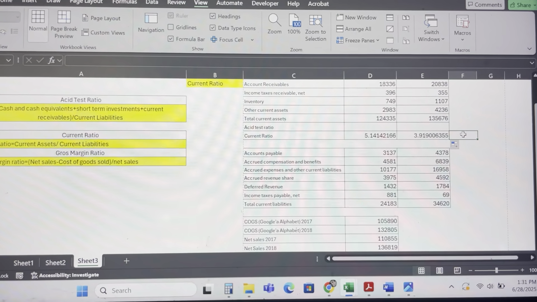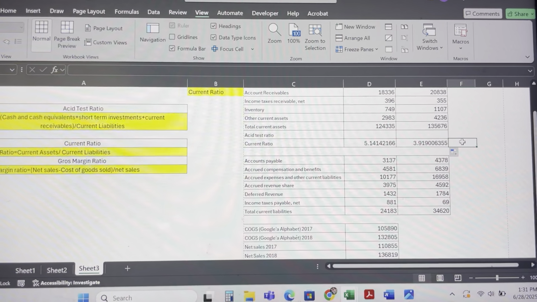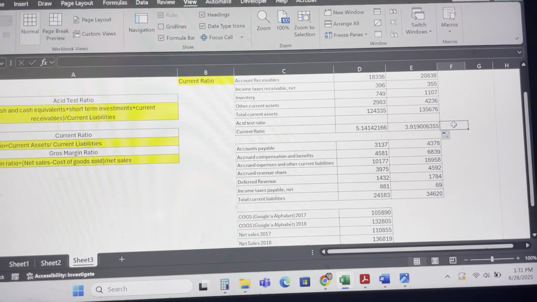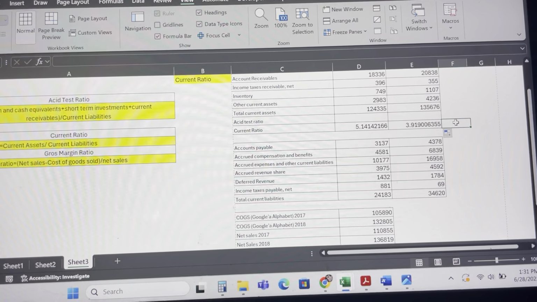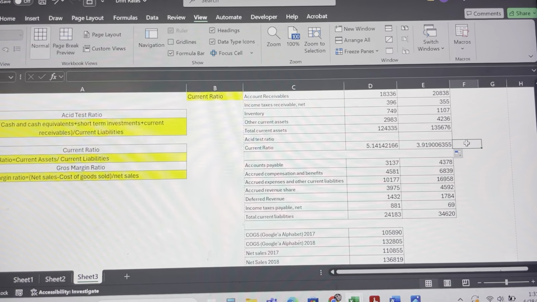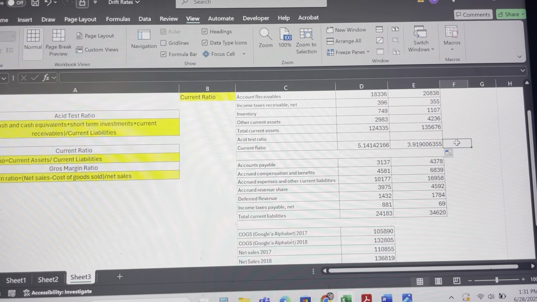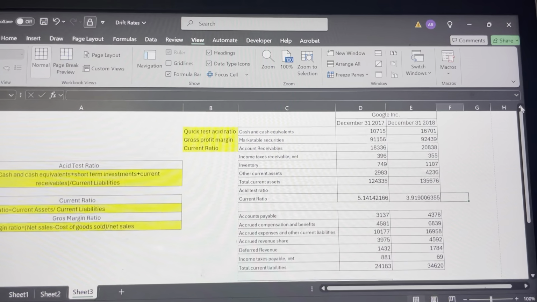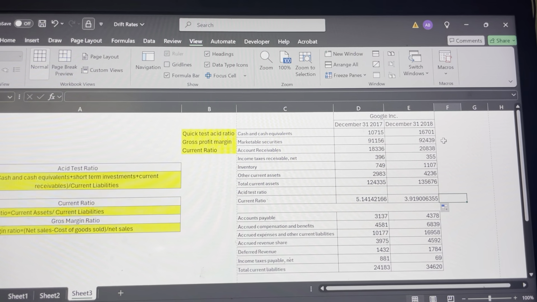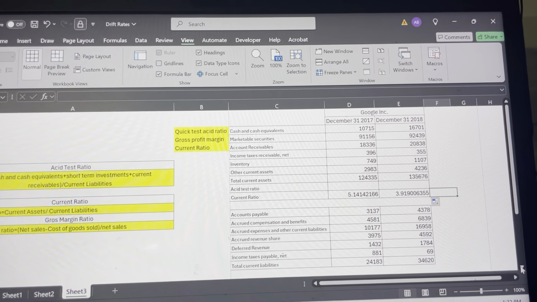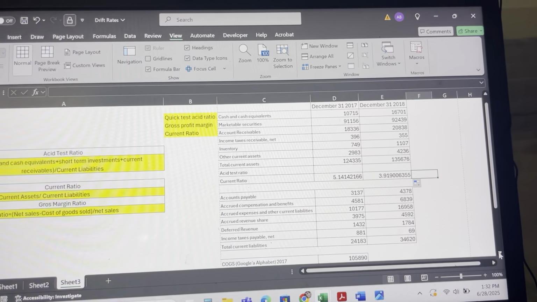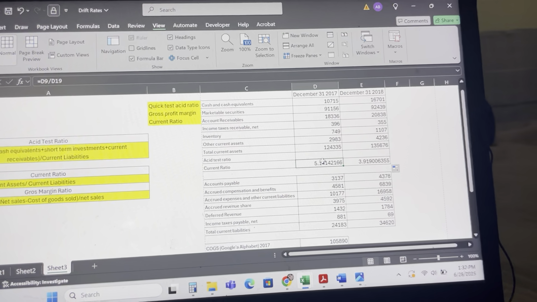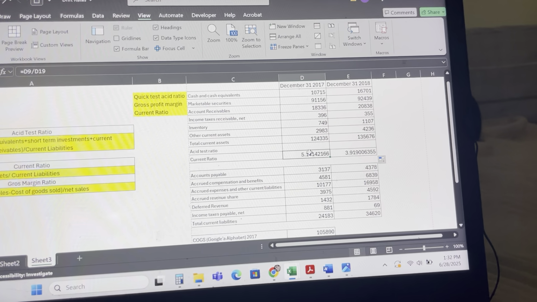As we can see, the amount of current liabilities due to be paid in less than a year is a lot better in the year 2017 than 2018, as the current ratio is almost 2 times as much, or 1.5 times as much.